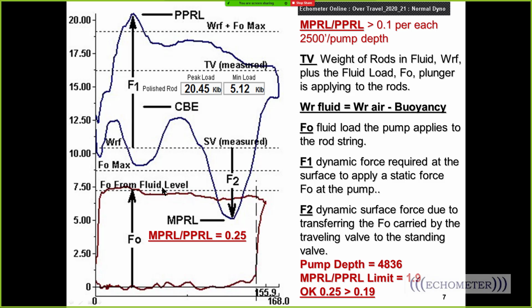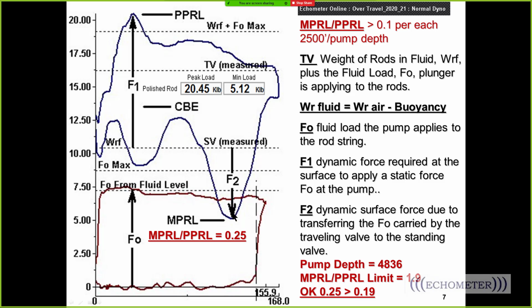And here's this well. This well is 4,836 feet. And if you take the minimum polish rod load and divide it by the peak polish rod load, that's a ratio of 0.25. And so in this case, we probably wouldn't slow the well down because of expecting higher failures.